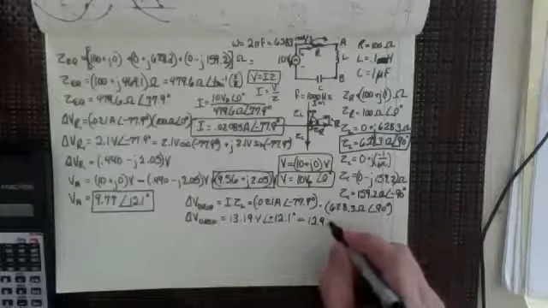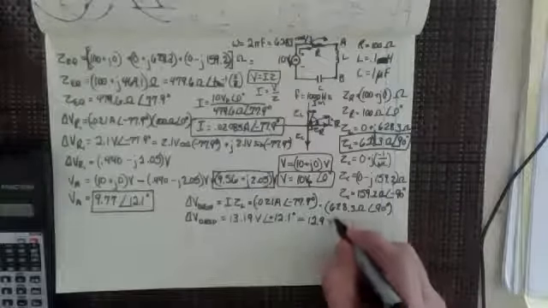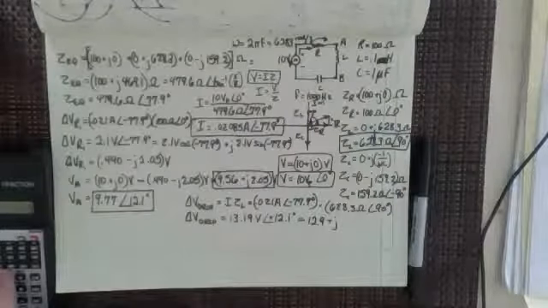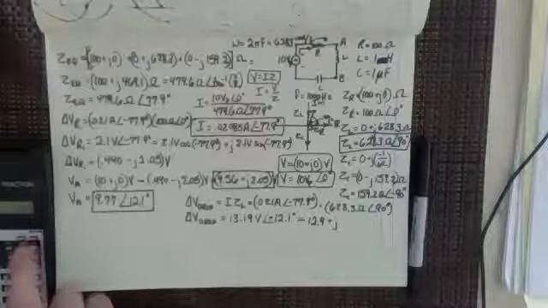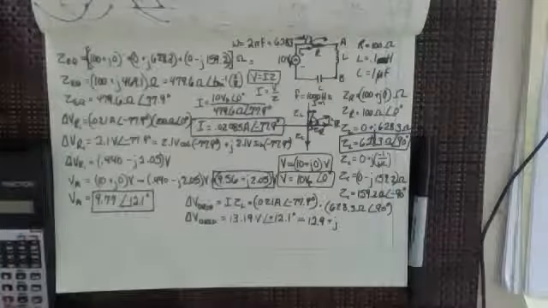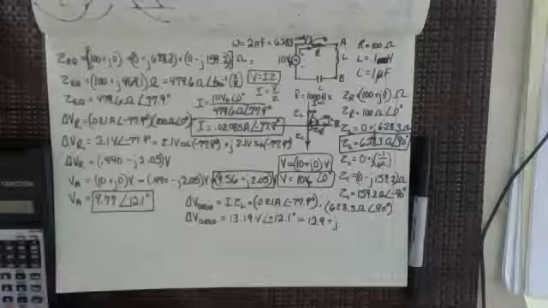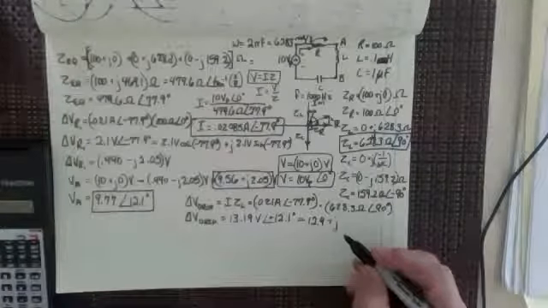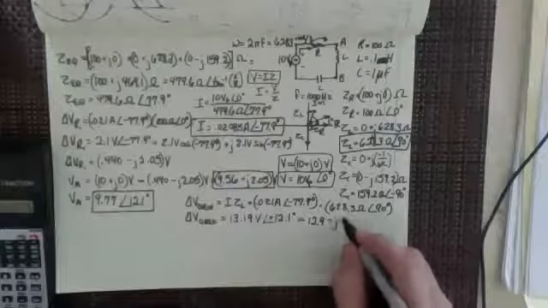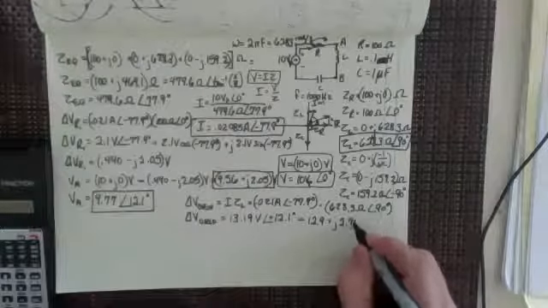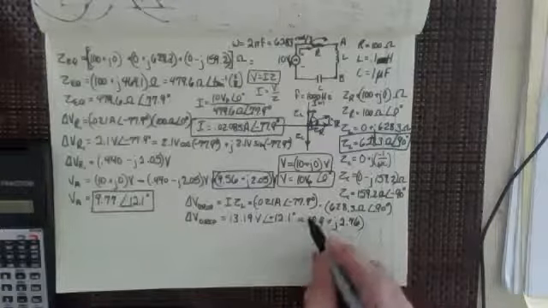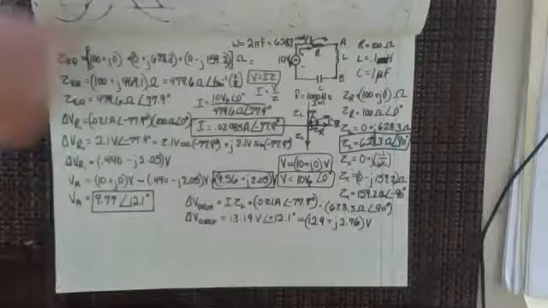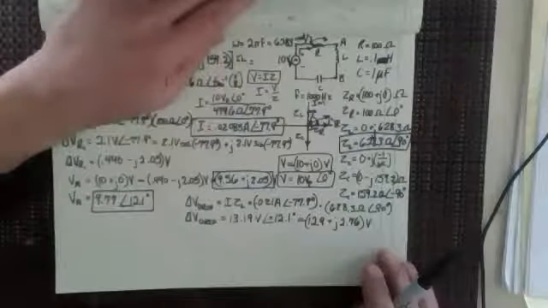So I've got 12.9 plus J, and let's do the same thing. 13.19 times the sine, in this case, of 12.1. And that ends up giving me 2.76. And of course, what are we really talking about here? We're talking about voltage, and that's going to be our voltage drop.